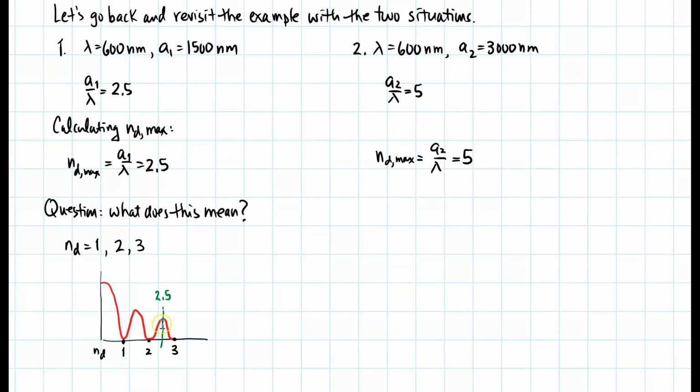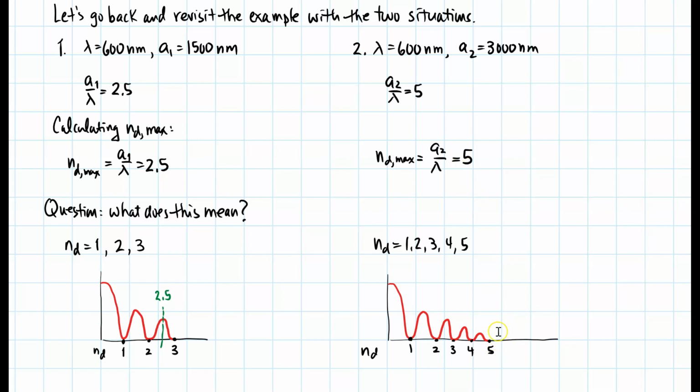It's because the nd value of 2.5 falls right smack in the middle between these two. And if you look at the second case, note that this is a perfect 5. And because it's a perfect 5, it lands on a minima right at the edge. If it wasn't a perfect 5, then I could have part of a maxima. But I don't in this case. And so that's why I have exactly 5 minimas.